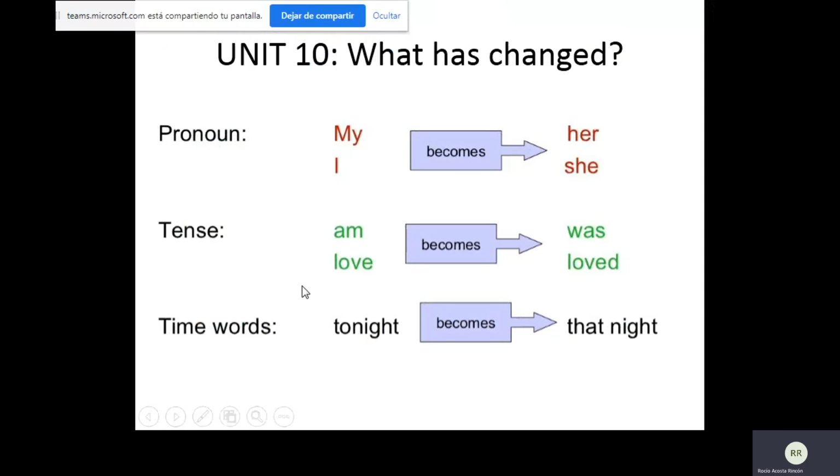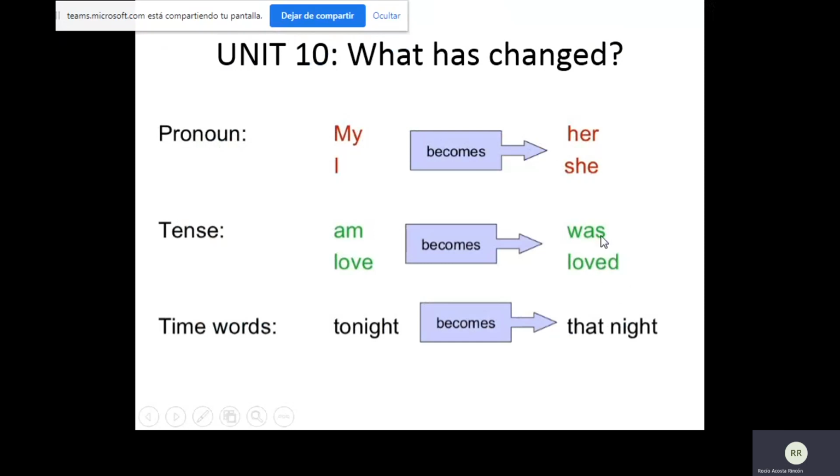In the direct speech, we see the typical pronouns, like the possessives or the personal pronouns, or the tenses, for example the verb love in the present tense, or sometimes words or adverbs, for example, tonight. But when we use reported speech, we need to change them. As we are talking about a third party, in the possessive we need to talk about her or him, or in the personal pronoun we say he or she, basically.